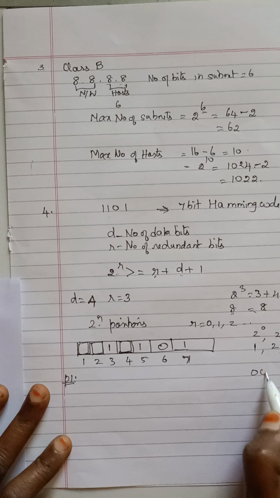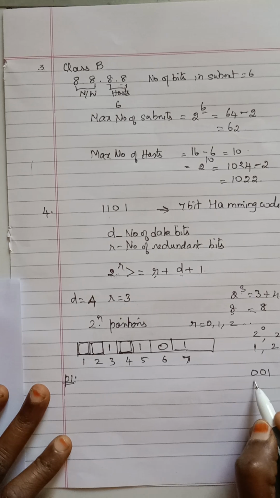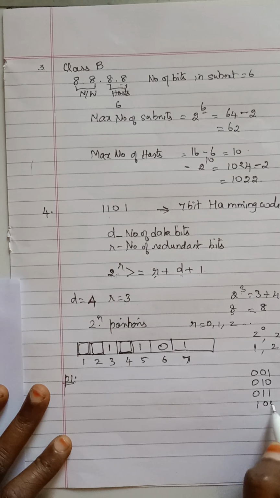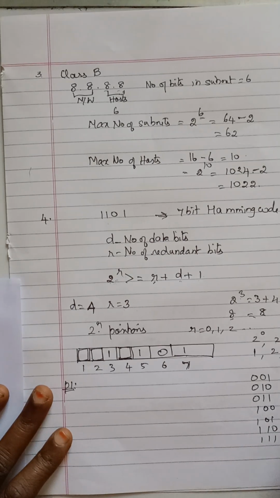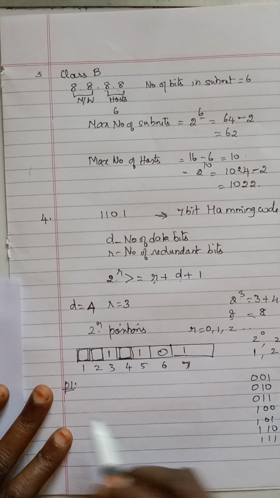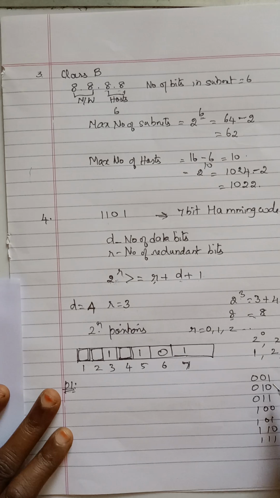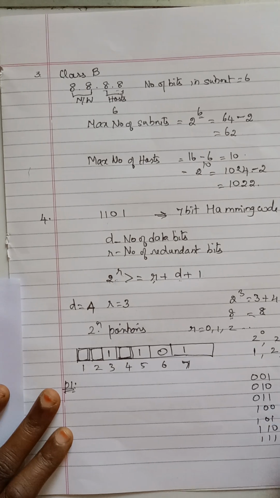Write the values in binary: 001, 010, 011, 100, 101, 110, 111. For the first parity you take the bits which have 1 in the last position, that is on the right.